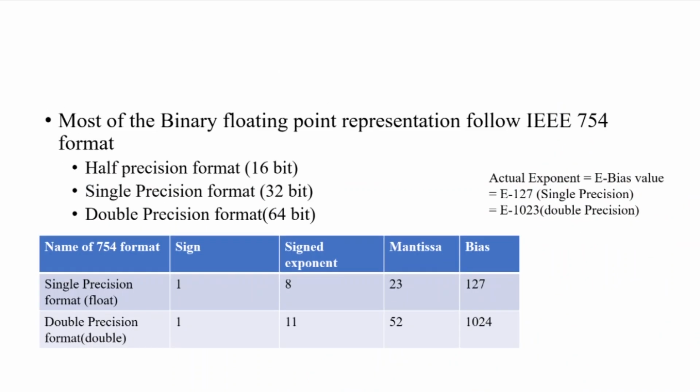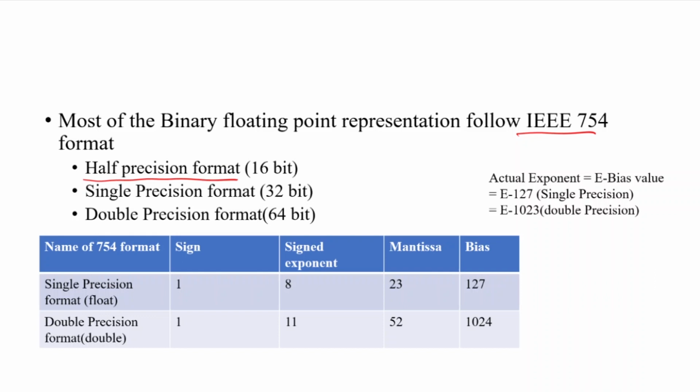Generally, most binary floating point representations follow the IEEE 754 format. Generally, there are three various representations of the IEEE 754 format. In the half precision format, generally 16 bits are used for representing a number.